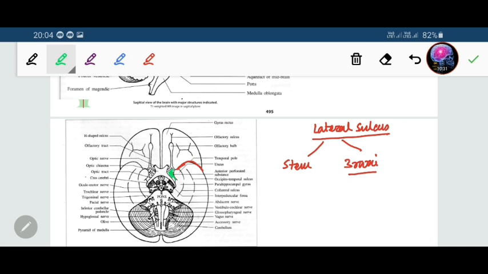This region is the anterior perforated substance.